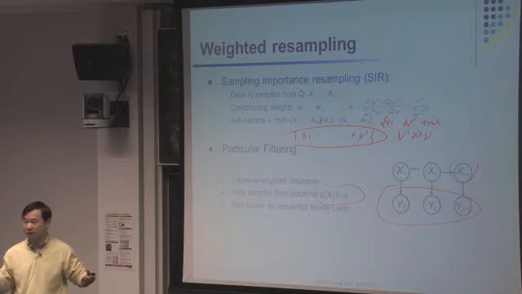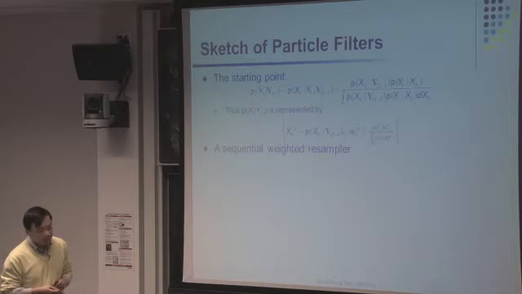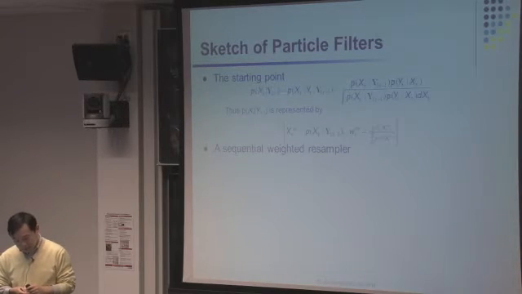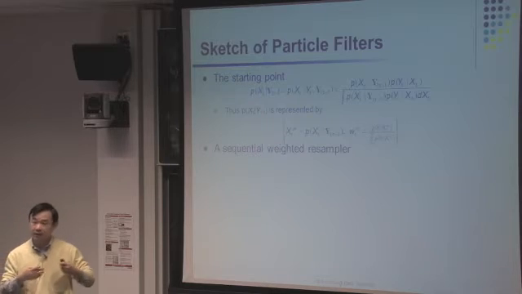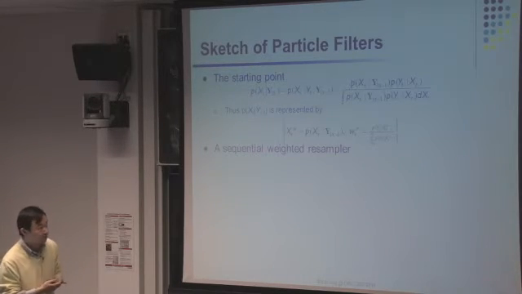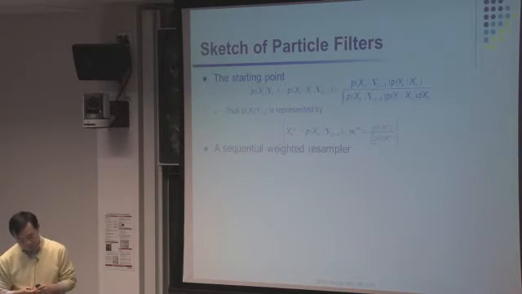But the whole point of sampling is to avoid doing inference at all. So here is a sketch of an algorithm called particle filtering, which is a very interesting application of that weighted resampling idea.